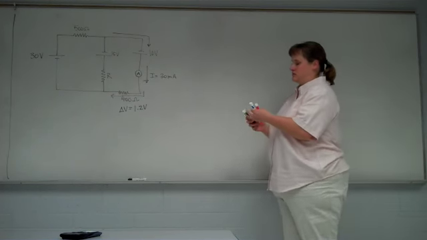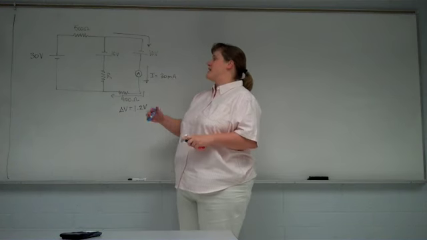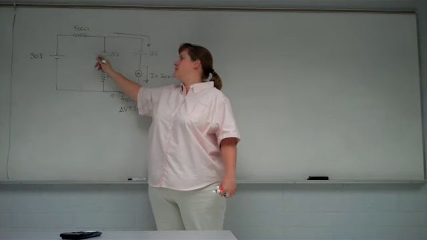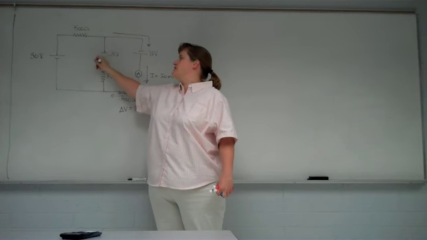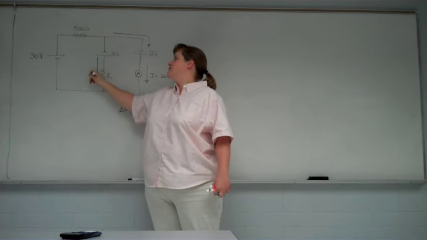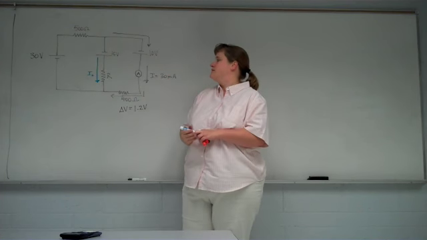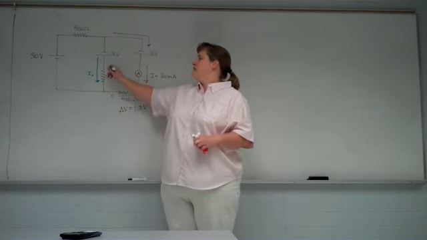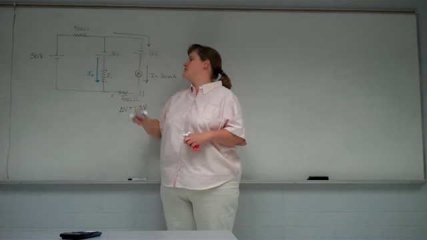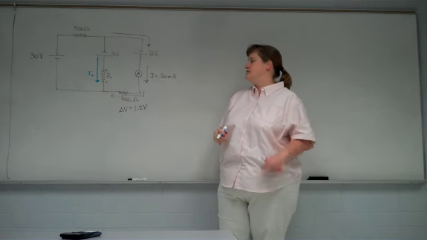Middle branch. I'm going to guess that current's going to flow downwards through the middle branch, going off the tradition that current flows high to low. So let's call this I2. That means the top end of this resistor is going to be higher potential than the lower end of this resistor.